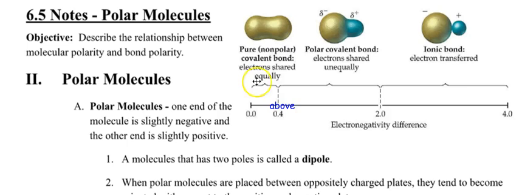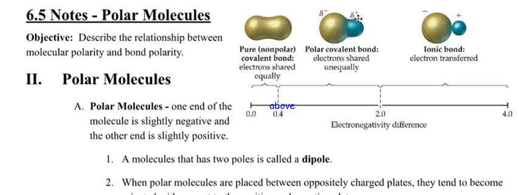But if you subtract and you get above 0.4, so let's say 0.5 up to roughly 2.0, that's called a polar covalent bond, where electrons are shared unequally. And look at this right here. We've already referred to this before. We end up with a partial negative and a partial positive. And how do you know which one's going to be partial positive, partial negative?